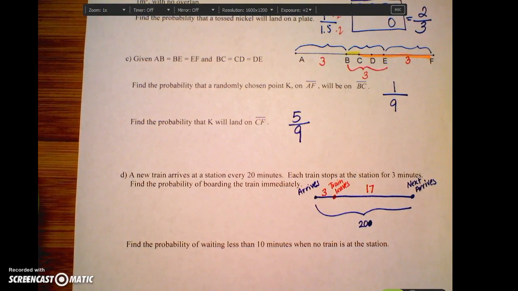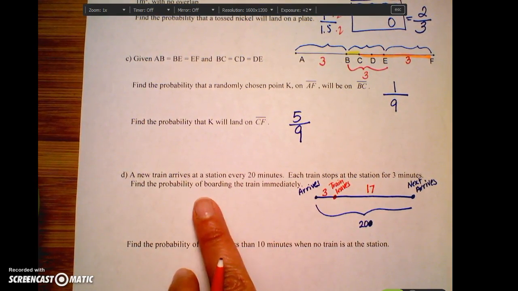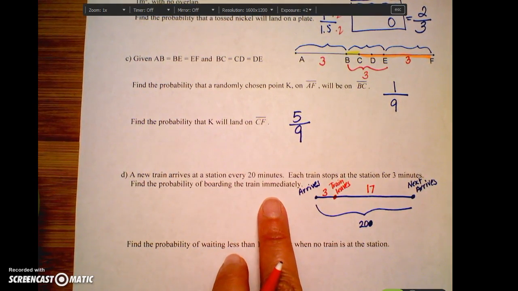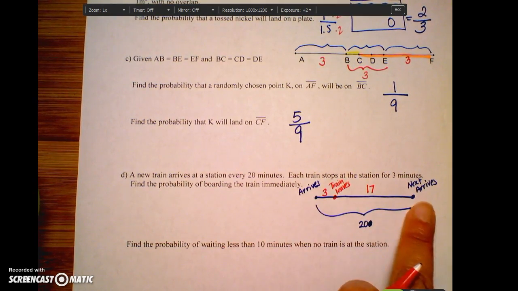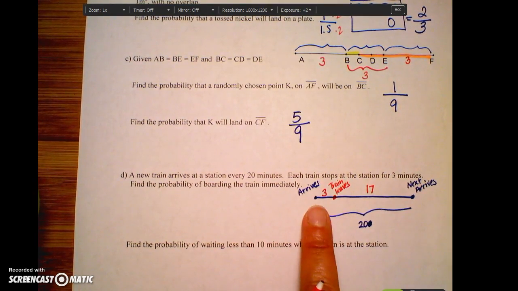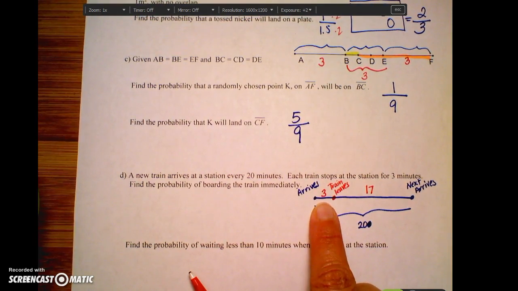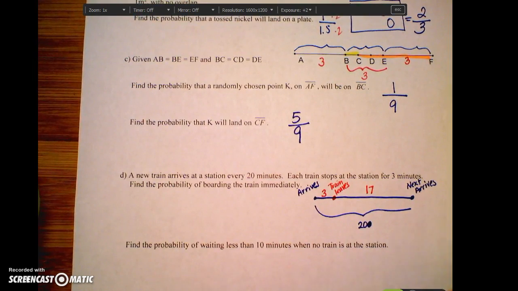So you come running into the station and you run down the stairs. What's the probability of you boarding the train immediately? Well, in this cycle of arriving and the next one arriving, if you're going to catch a train immediately, that means you must have come downstairs in this first section, the 3 minutes when the train is sitting there.